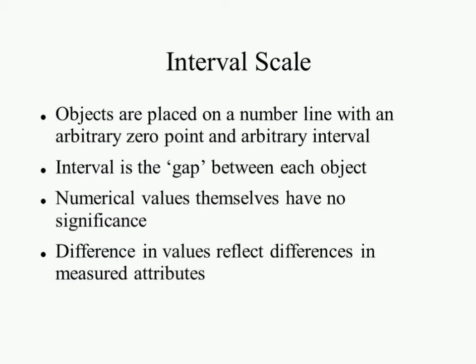Here one might legitimately say that the difference between the first and the third object, that is, the first object has the score value of 8 and the third is 5, and the second is 6 and the fourth is 3, then we can easily say that the difference between the first and the third, that is 8 minus 5, is 3, which is equal to the difference between the second and the fourth, that is 6 and 3. When 3 is subtracted from 6, we again get 3.